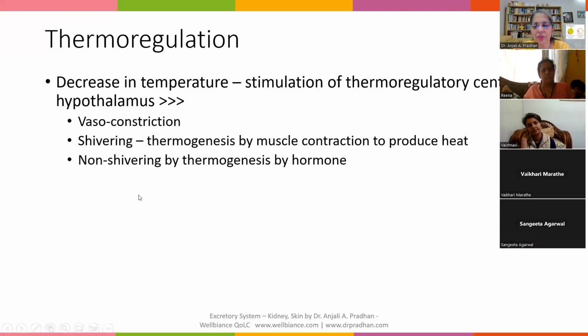And non-shivering is through hormone. It means as soon as you feel cold, vasoconstriction happens, you feel shivering. Shivering is the body's mechanism, you start shivering, and another non-shivering mechanism is through hormone.